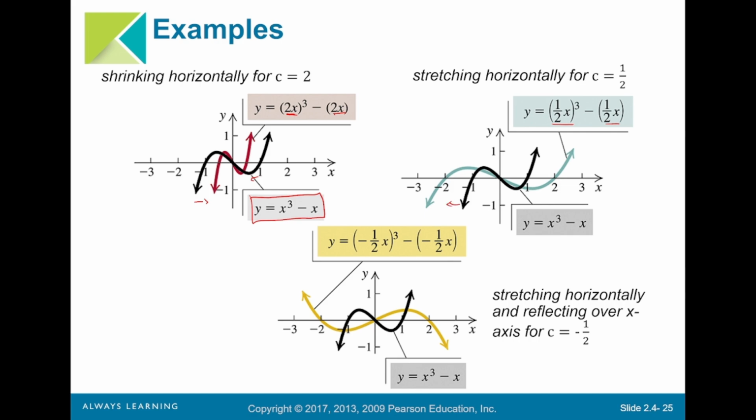So you can see how the black graph stretched outwards here horizontally. And then similarly to before, if we stick a negative out front with our C value here, we get a flip over the y-axis and a stretch. You need two things at once.